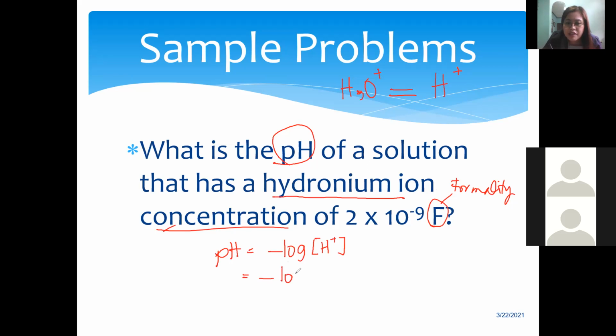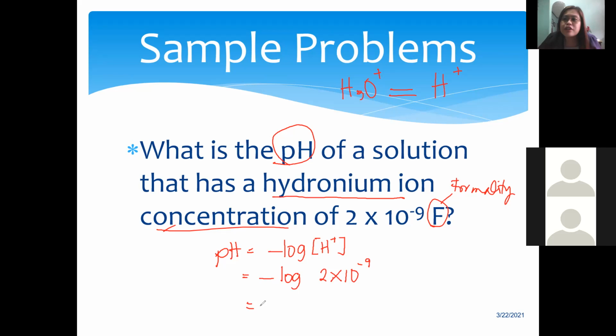So this is negative log, and then the given concentration for hydrogen is 2 times 10 raised to the power of negative 9. So in computing the pH, no need to include the unit. Kasi our pH has no unit.